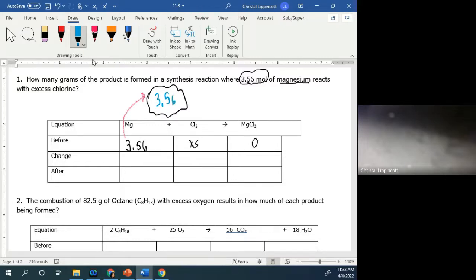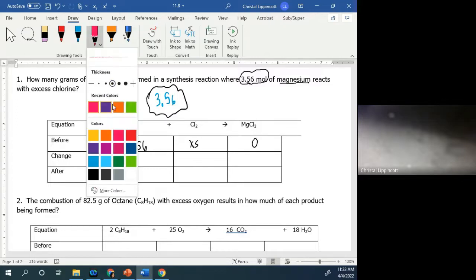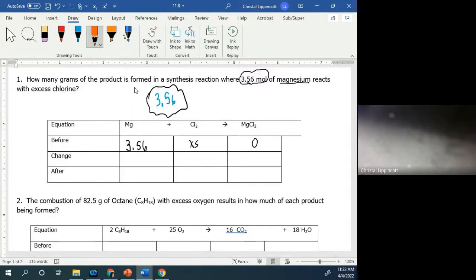So this divided by 1 is 3.56. When I come down out of the cloud, then I'm going to want to do what? Multiplication. So I'm going to come down, I multiply through the coefficients to get to the next line.